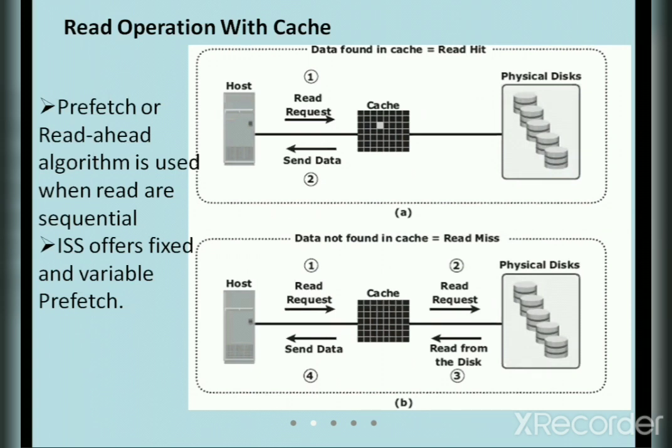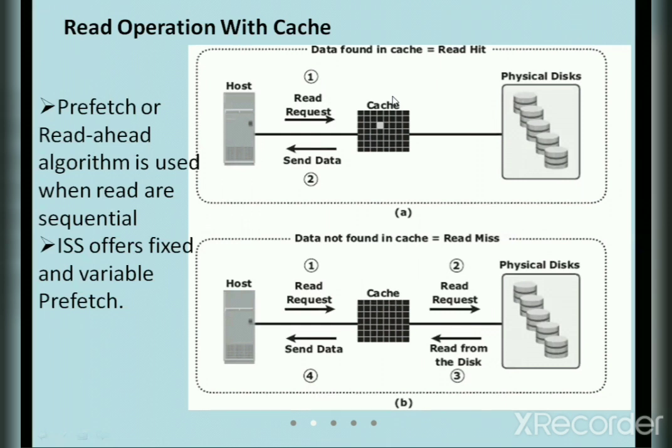Very simple. You can see that we have a host here. From the host, the data is requested. You can see in between there is a cache. The data request goes, and if the data is available in the cache, then the data is sent back to the host. That means the cache is holding the data the user is requesting.